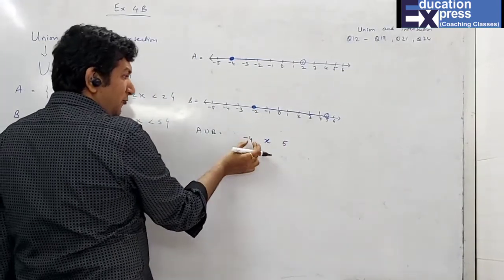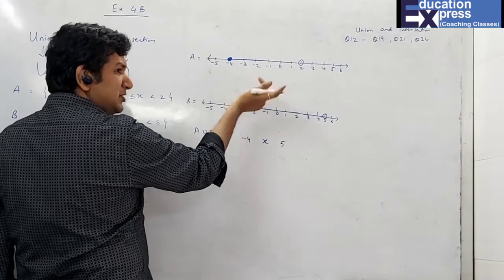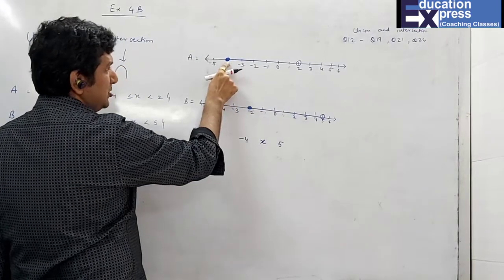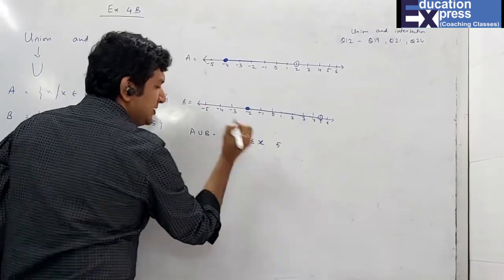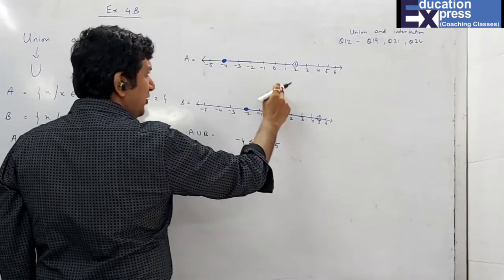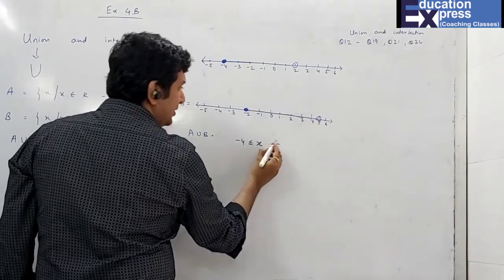Now, for -4, was it including or not including? Yes, including, so you have to write over here it's including. And the number we have taken, 5, was it including? No, that means it will not come.